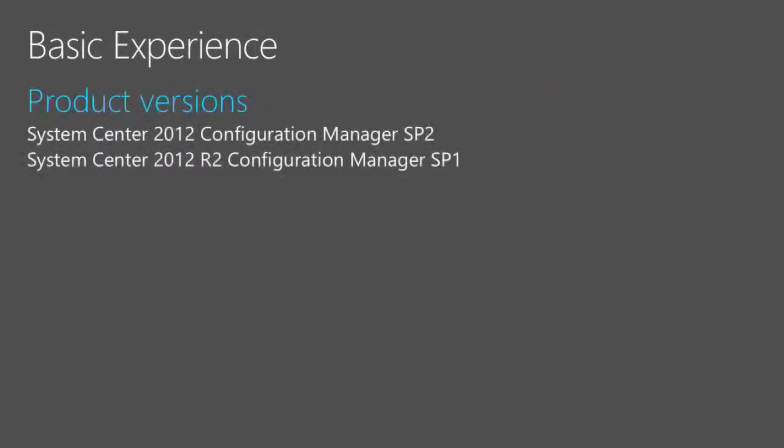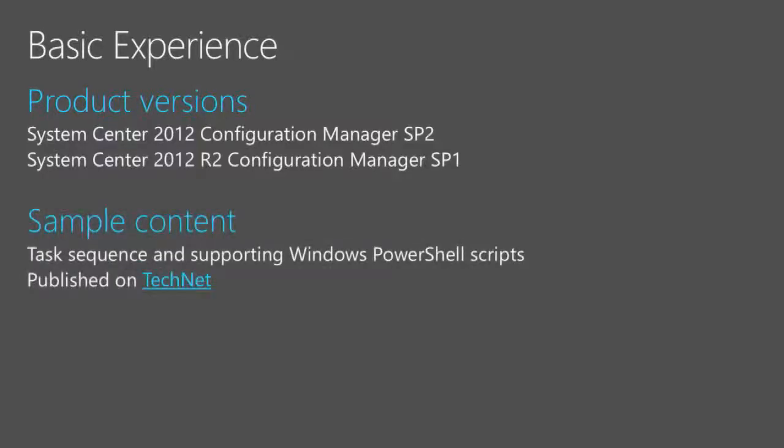So like I said earlier, we will support a basic experience for upgrade in our service packs that are coming out next week. And this is basically what we posted to TechNet last year. It's a sample task sequence with some supporting PowerShell scripts. We'll continue to update those. We're working on those right now. So you should look for that on the Config Manager team blog in the near future.